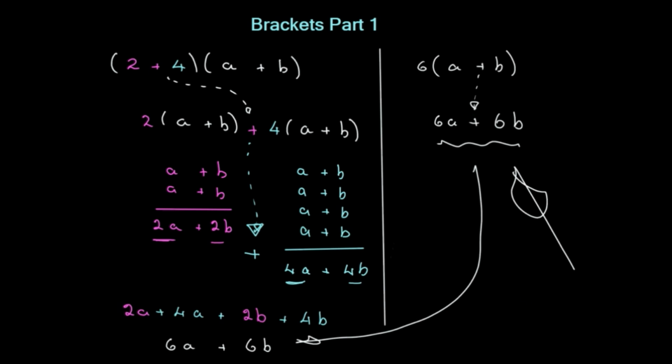Let's do another one. Instead of a and b, I'm going to use x put with y. And that is our group. That's now grouped together. And I'm going to multiply that by 3. Everything inside the bracket is multiplied by the 3. So 3 times x is that one.